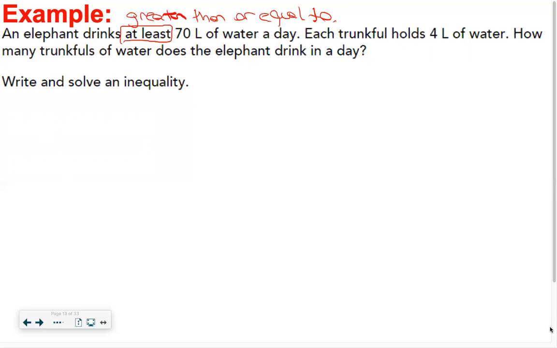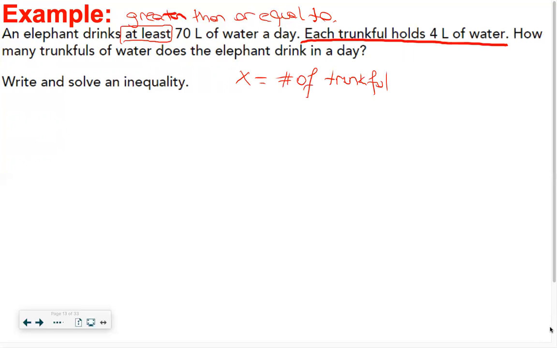First of all, we know that each trunkful holds 4 liters of water. But the question is this: do we know how many trunkfuls we have? We don't know. Let's describe the variables. X stands for the number of trunkfuls.